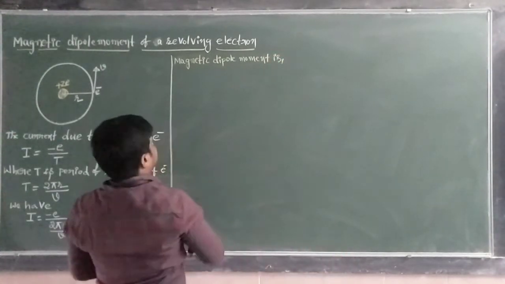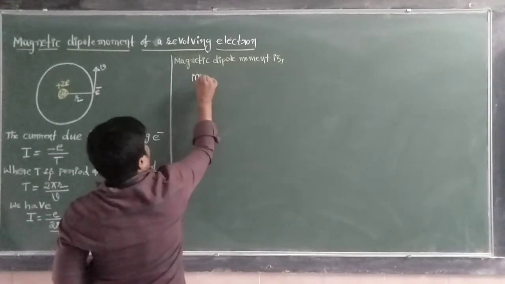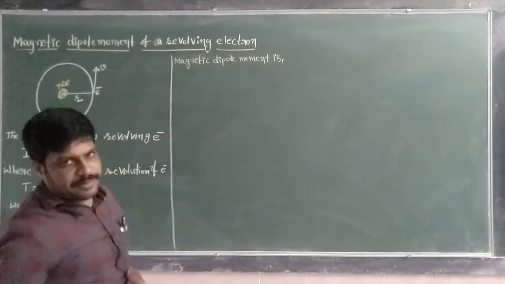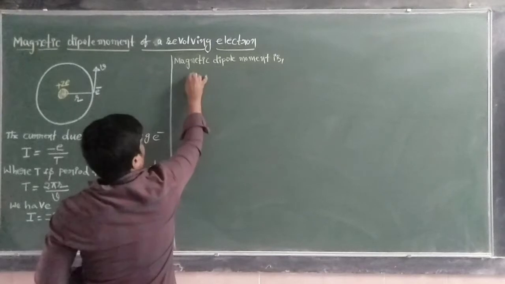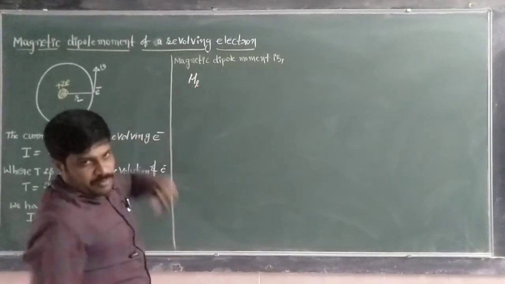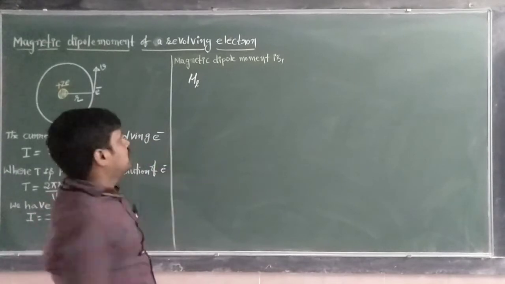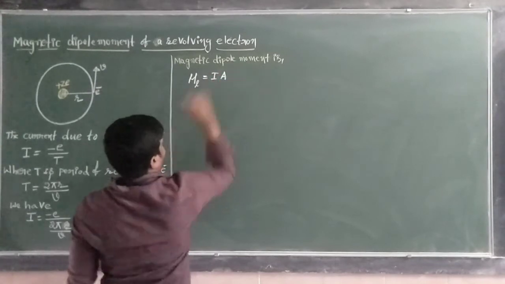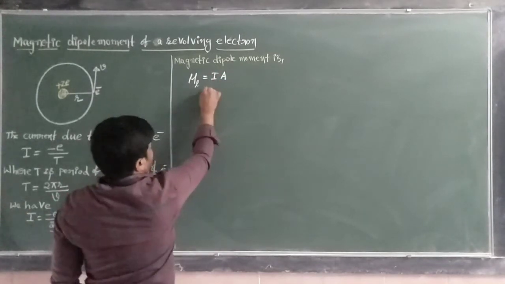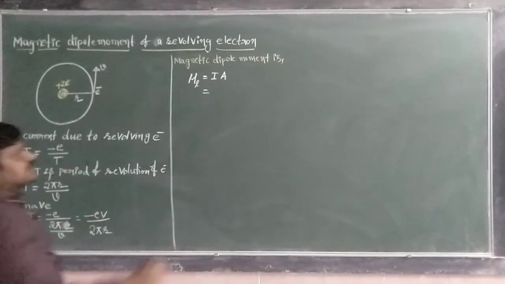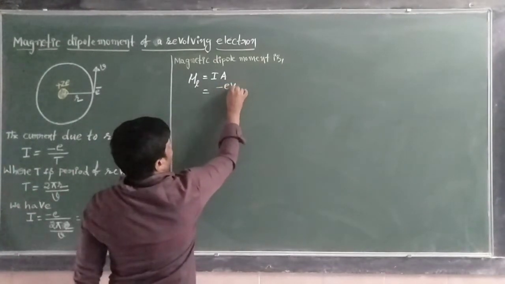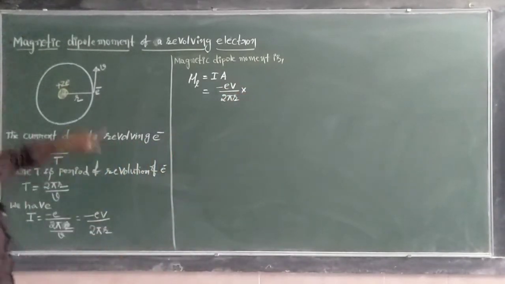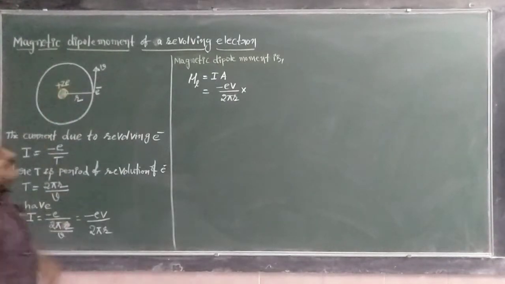For the electron, I am representing it with mu L, the magnetic dipole moment. Mu is equal to the product of current and area. The current is minus ev divided by 2 pi r, into the area of the current carrying coil, which is pi r squared.